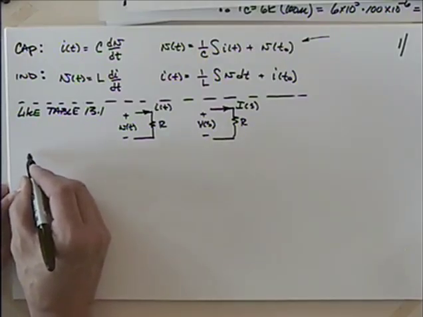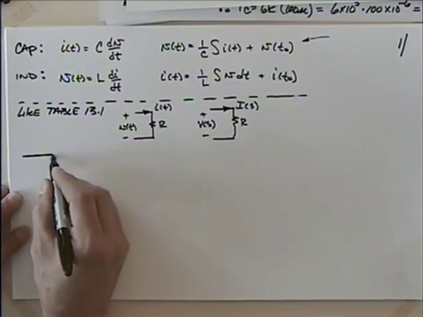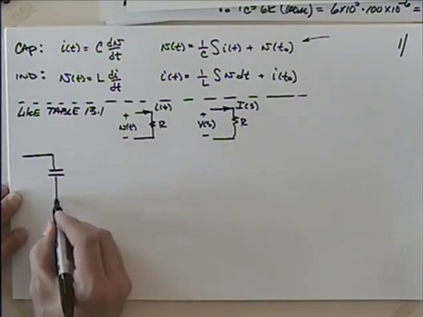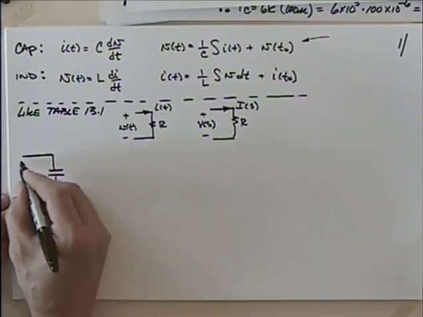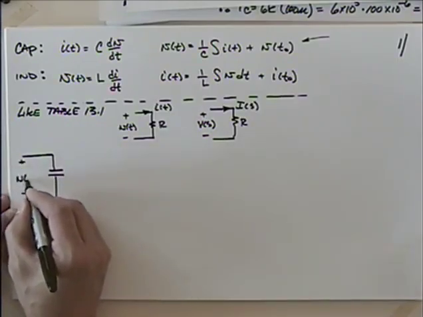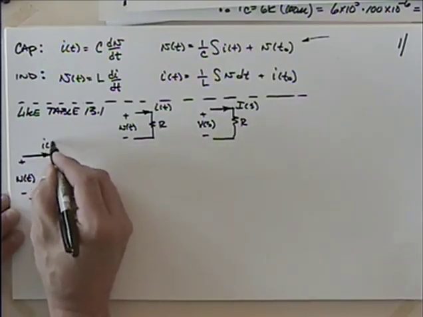So again, I'm just summarizing table 13.1 in your textbook. But let's say I start with a capacitor that looks like this, and I'm in the T domain, so I have V of t, and I've got the current here, I of t.